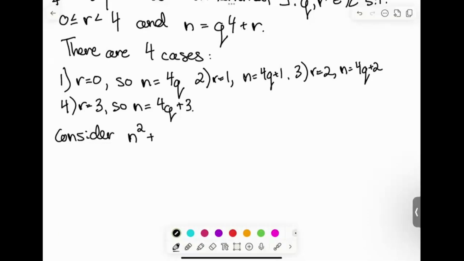Consider n squared plus n plus 1 for n equals 4q plus r. Okay, so I'm not assuming who r is.